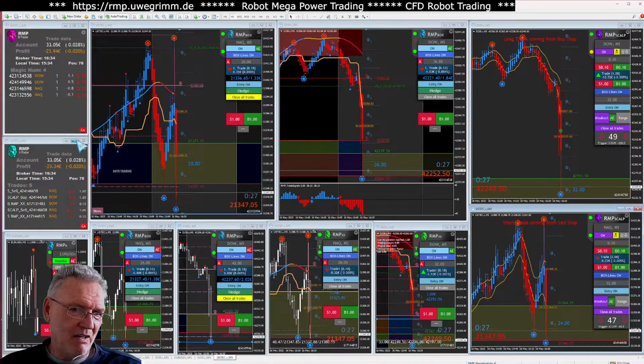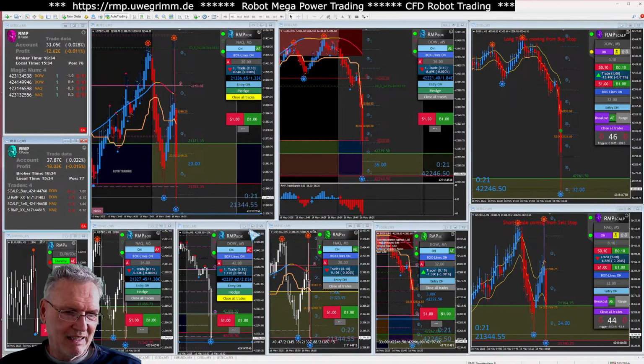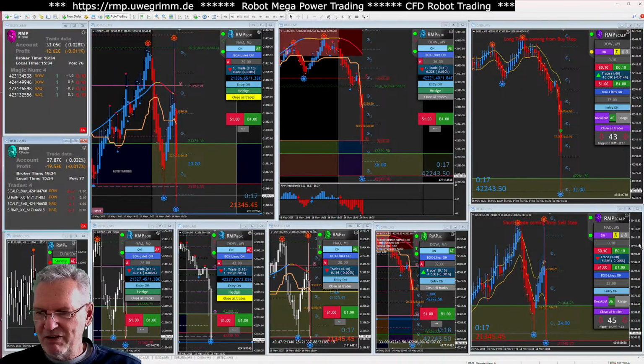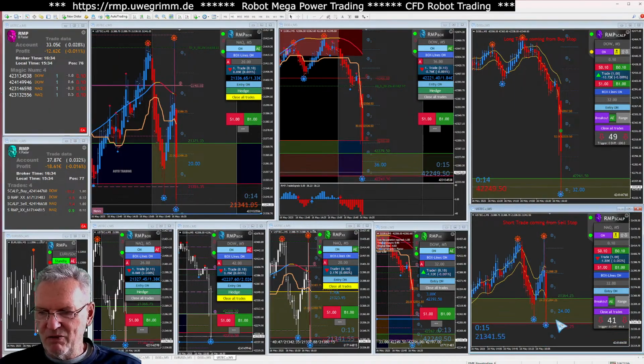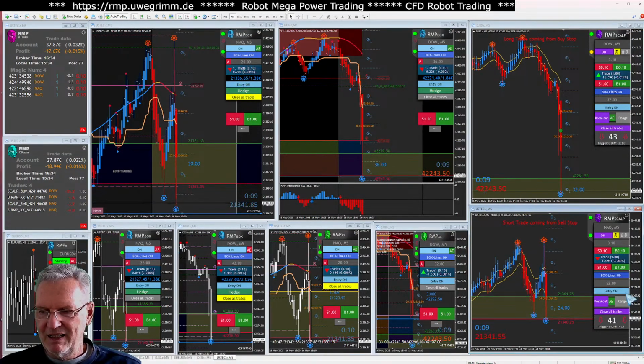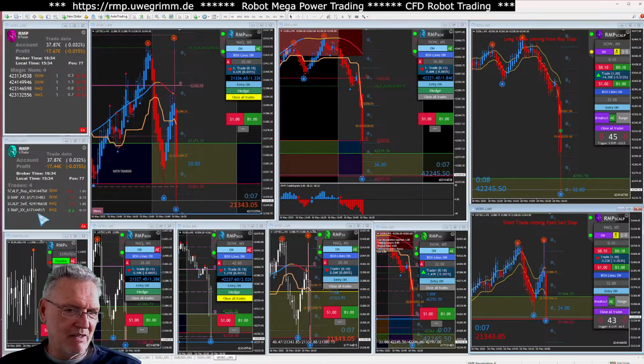But this half automatic function with box placing is different. So here on this robot, we can see sell plus. Yeah, we can close trades separately. Like that one, the second one that I opened, it was in the plus. Now this one is still in loss, and you see when it goes into the plus. But careful, these are RMP trades.